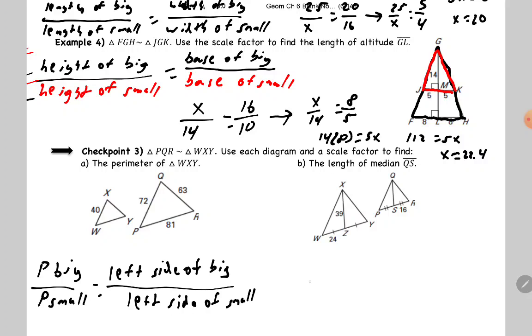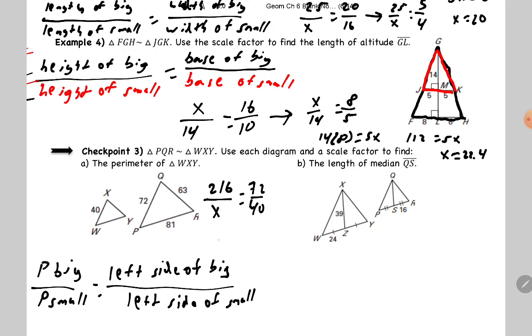So perimeter of the big is 72 plus 63 plus 81, which is 216, over the perimeter of the small, that's what we're looking for. The left side of the big is 72 over 40.